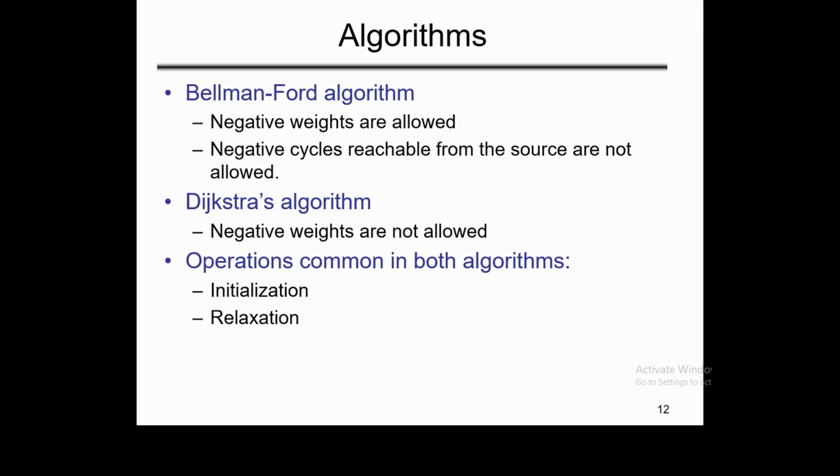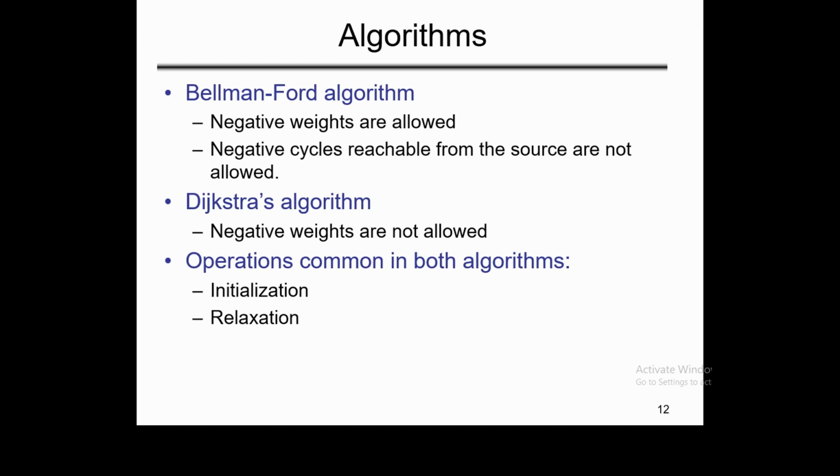And we will check during or after the relaxation whether there is any change in the distances of the vertices, whether relaxation is still happening or not. If relaxation is continuously happening, suppose there are 4 vertices in the graph and we did relaxation 3 times, and after that there are still changes, it may be possible that there is a negative weight cycle. So then we simply check one more time: is it still happening? If there is a change even the last time, it means we are just relaxing again and again a particular cycle.